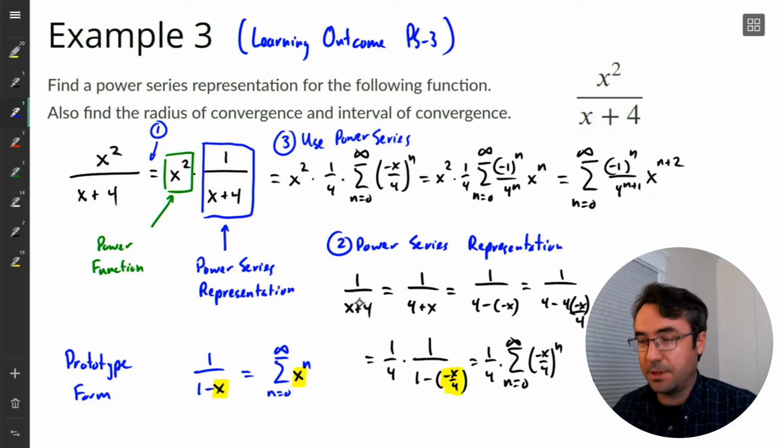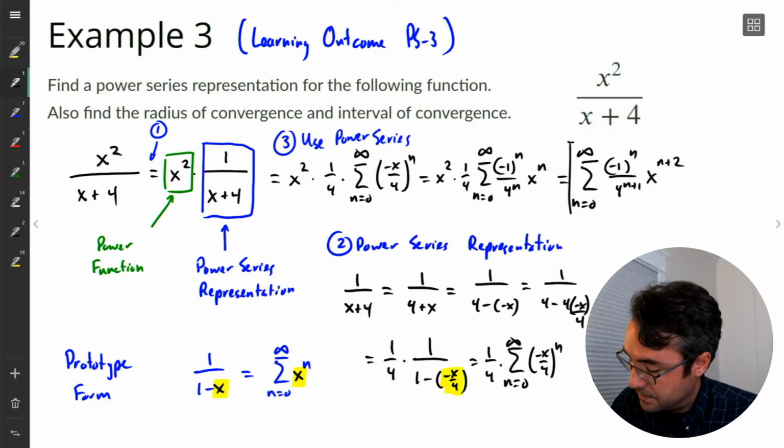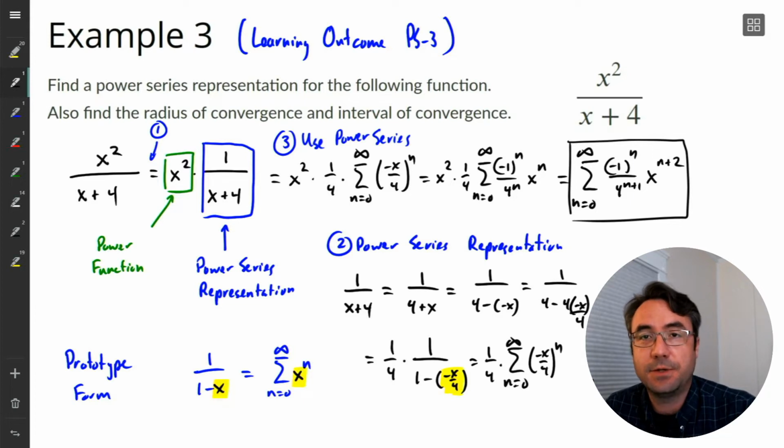So it was 1 over x plus 4, took some work, but we got the power series representation. And so then we plugged that in, we used it, and then we found the power series representation for the function we were actually interested in, the entire function.